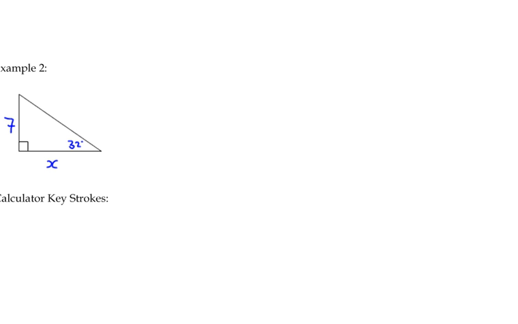Okay, so again, first step, we have a right triangle, and so we can label the sides. Okay, 7 is now opposite, and x is adjacent beside.